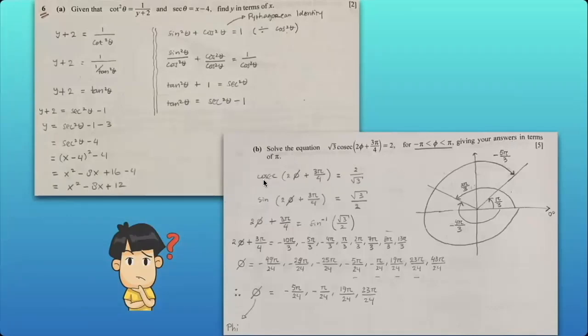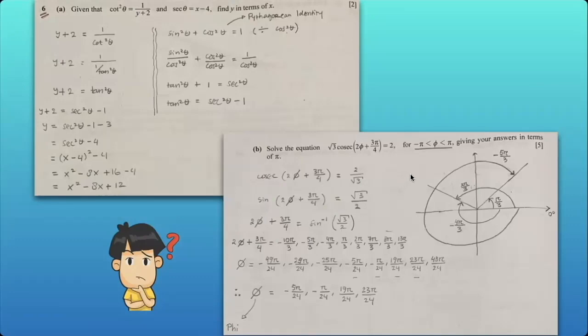And remember, cosecant is 1 over sine. Therefore, we can rewrite this expression as sine (2φ + 3π/4) is equal to root 3 over 2. Yeah, so we flip this. So to find the angle, we do sine inverse of root 3 over 2.